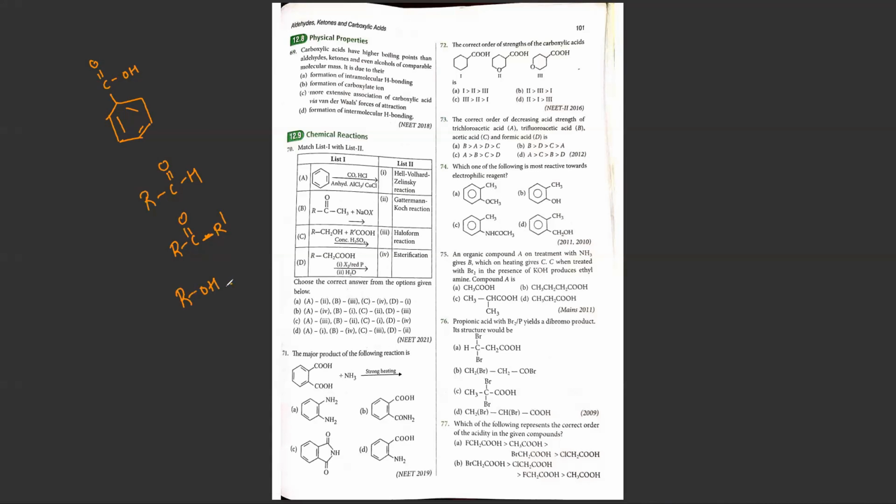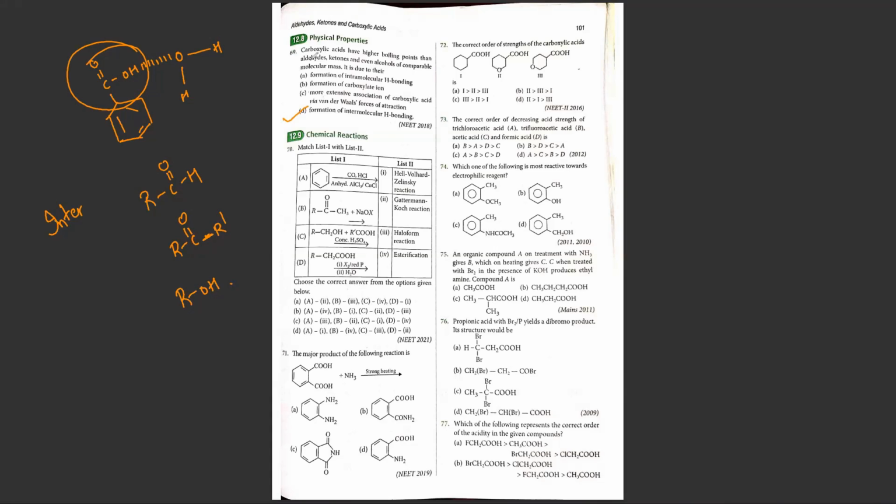So this is more. Okay, in case of carboxylic acid, the boiling point is more because of the formation of intermolecular hydrogen bonding. What do you mean by intermolecular hydrogen bonding? Whenever this carboxylic acid group comes in association with other molecules, it has a tendency to form intermolecular hydrogen bonding, between the two different molecules. Okay. So the right answer is intermolecular hydrogen bonding.